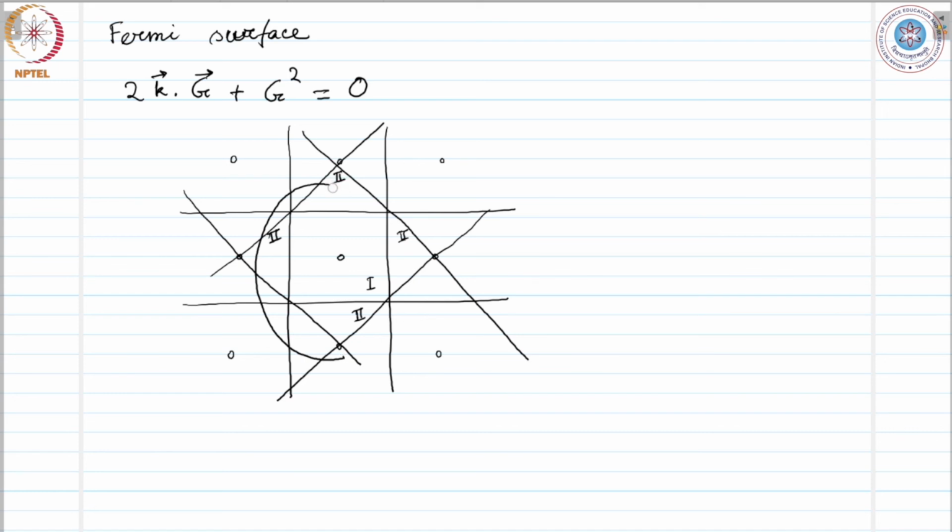Let me draw it in a different color, and let me try to draw it a bit more consistently so that the picture is a good one. So it would look somewhat like this. This would be the Fermi contour.